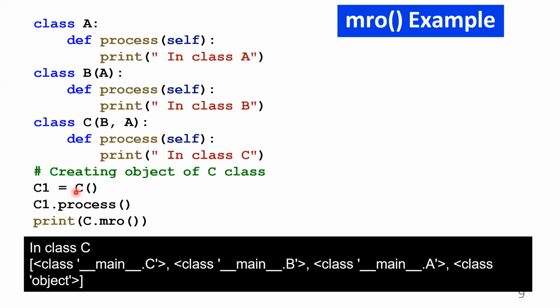Current class is C, because c1 is an object of the class C. So it searches in class C. If the method is not found in class C, then only it will search in class B, then it searches in class A. You can observe that in the output, which gives the order of invoking the methods.